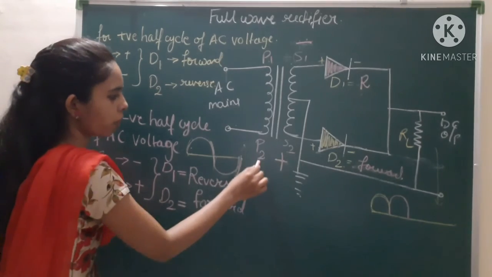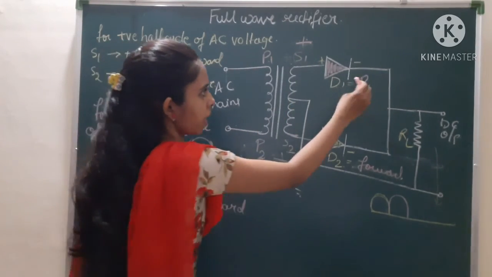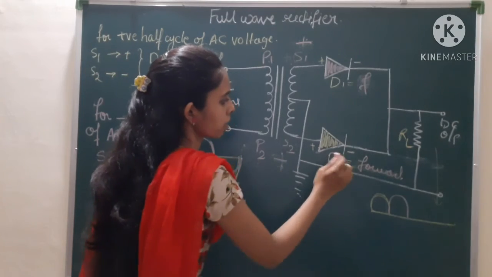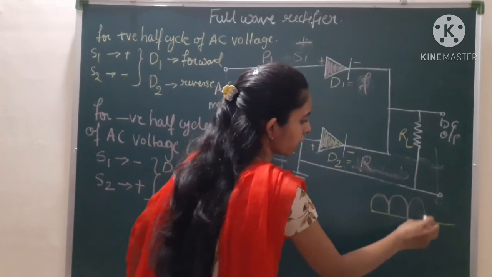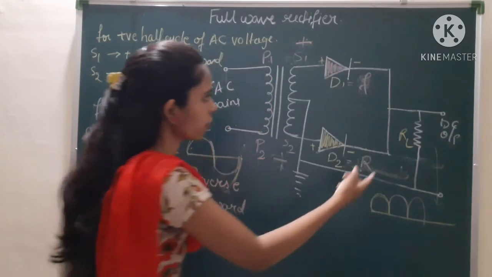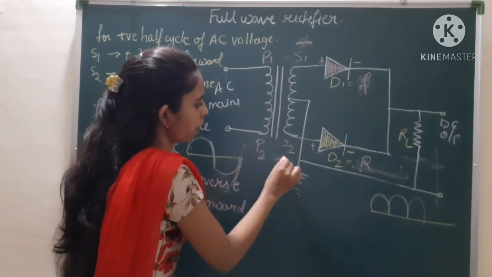Now again for the positive half cycle, this will become positive and this will become negative. Again this diode is going to work in forward bias and this diode is going to work in reverse bias. Again you will get a cycle just because of this diode. Again for the further cycle, this will become minus and this will become plus.